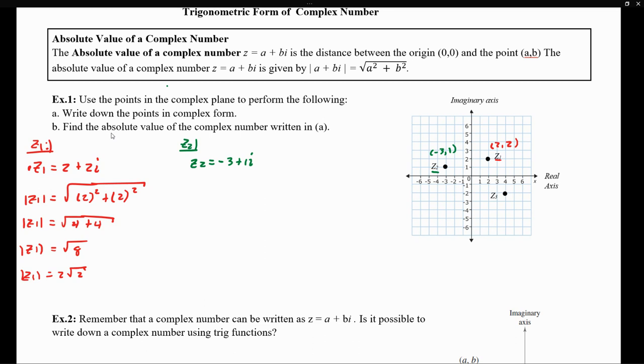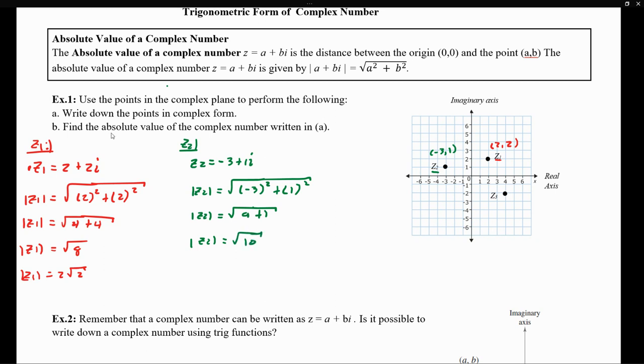So let's find the absolute value of this complex form. The absolute value would just be the square root of the real squared plus the imaginary squared. So now this becomes 9 plus 1. And again, we're adding, not multiplying, just like I thought about it before. So this is the square root of 10, and let's just keep it as this.